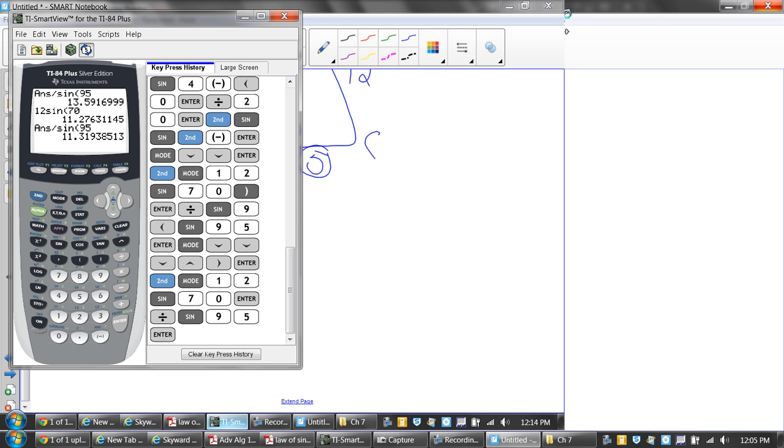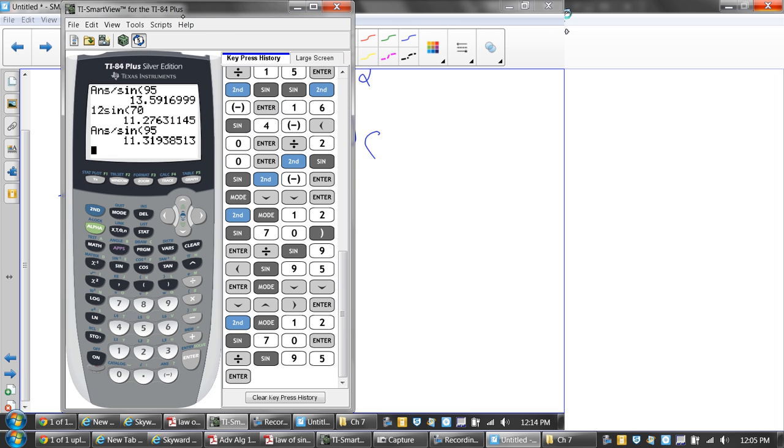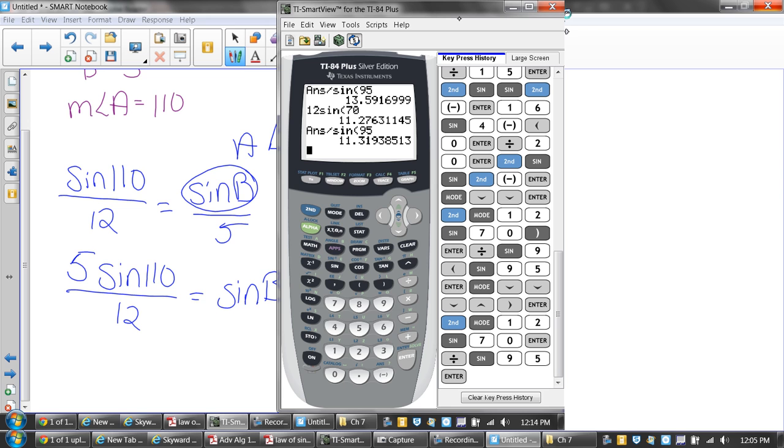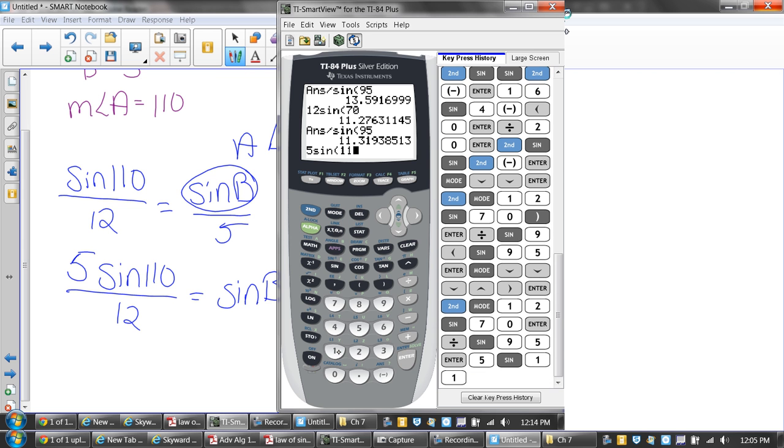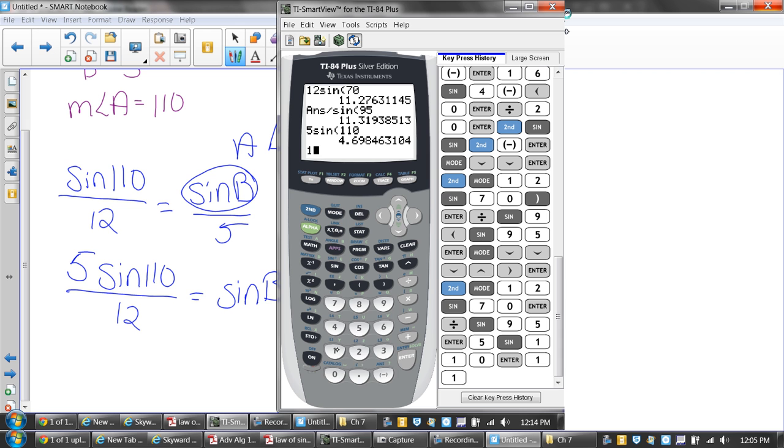We do the inverse. So 5 sine of 110, are you dividing that by 12? Okay. Nope. Okay, try that again.